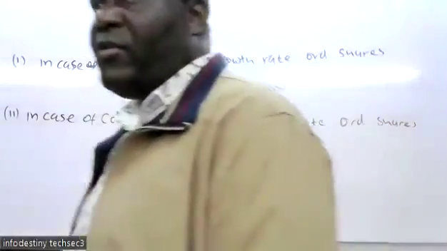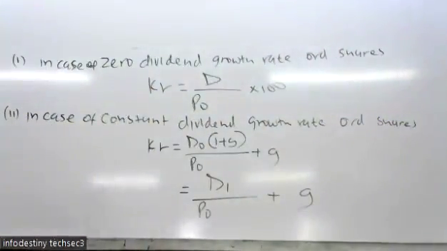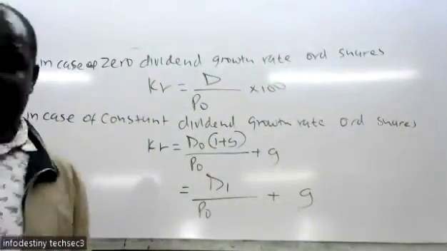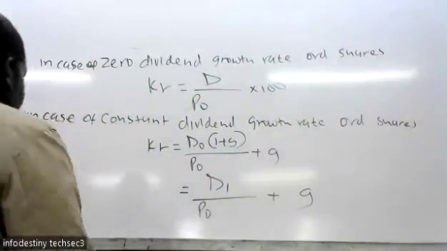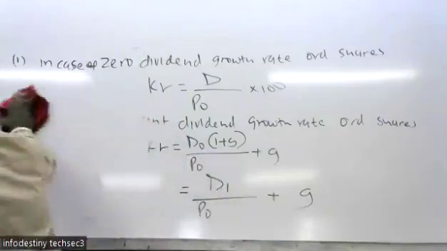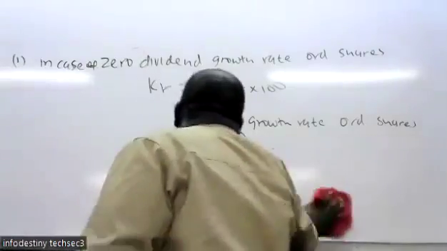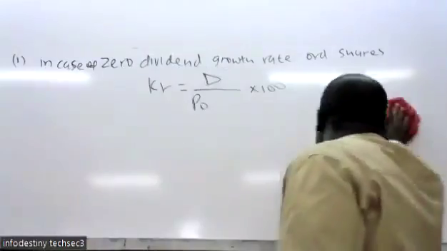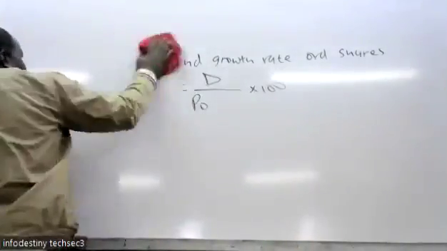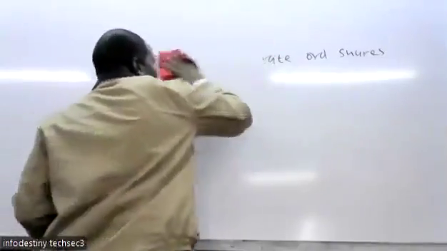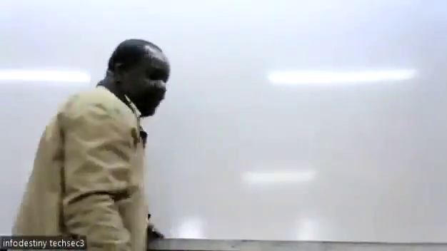We now go to the cost of the preference share. I will only be giving you the formulas because there is no need of us going into detail for that.